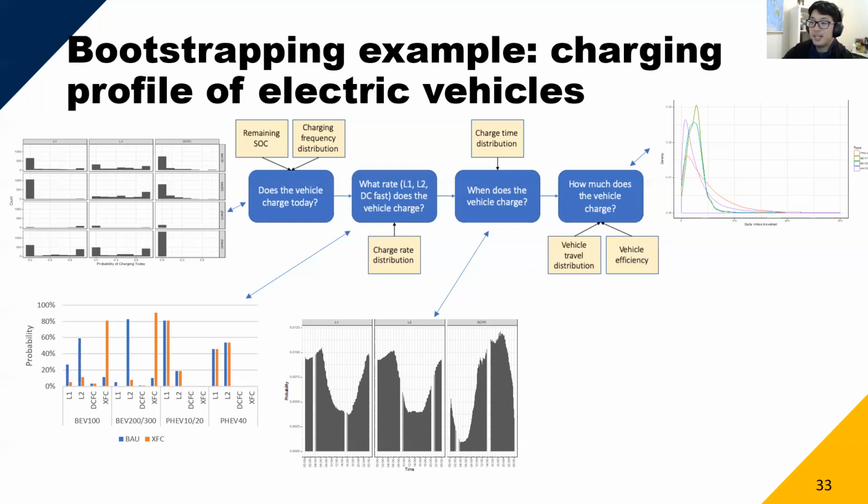What time of the day does the vehicle charge? I have some distributions here over a period of, say, 24 hours. Are they more or less likely to charge at certain times, depending on if it's a slow charger or a fast charger? And then when it does charge, how much energy does it actually use? And then I have these distributions.